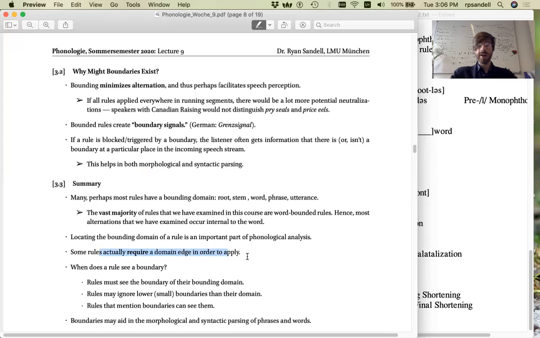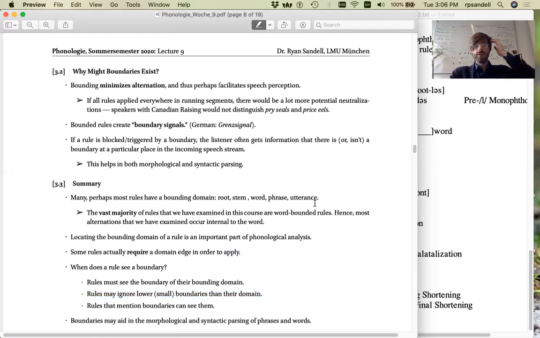We've drawn this contrast between rules that are restricted to a bounding domain versus rules that require a bounding domain in order to apply, like word final devoicing in German or Russian, hiatus deletion in Japanese, or palatalization in Polish. And in that case, the rules have to see the boundary, whether it's the left edge or the right edge of a boundary, and the rules can usually ignore lower, smaller boundaries than their domain.